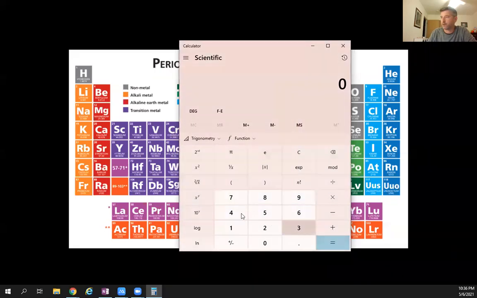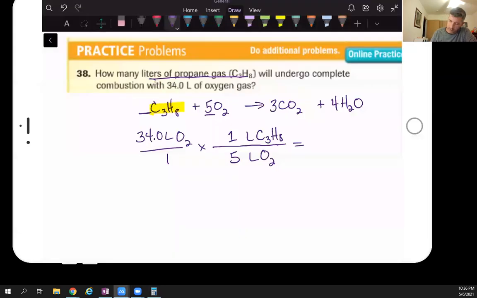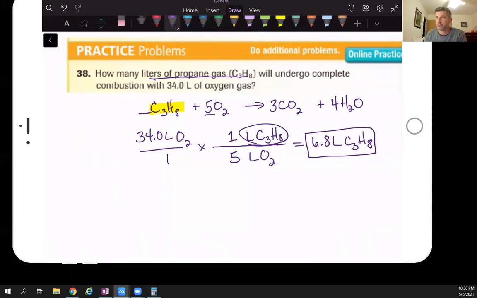That's all right. 34 divided by 5, 6.8 was our answer there. So 6.8. Oh, I started to say moles, that's wrong. Liters of C3H8. And that is how you do a liter to liter conversion using a balanced equation as long as they are both gases. And so that's how you were supposed to have done those 3 problems from the homework.